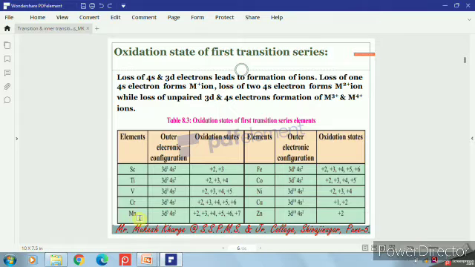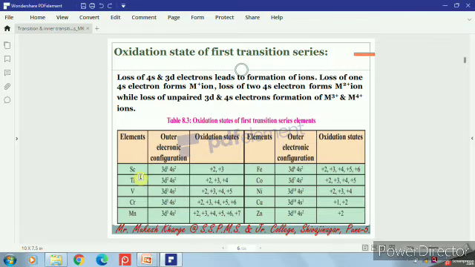While in case of manganese, in total there are 7 electrons, so manganese can form +7 as the highest oxidation state among these transition elements. If we go from scandium to manganese, all these elements show +2 and +3 as common oxidation states, but from scandium, if we go to the next, titanium, it shows +4, then vanadium +5, chromium +6, and manganese +7.